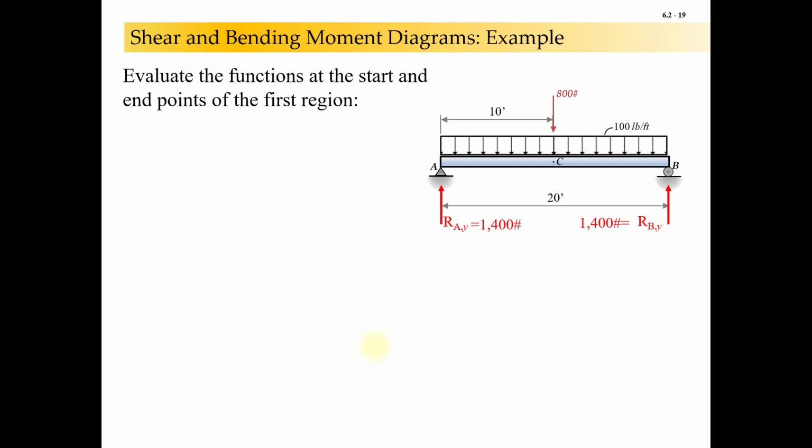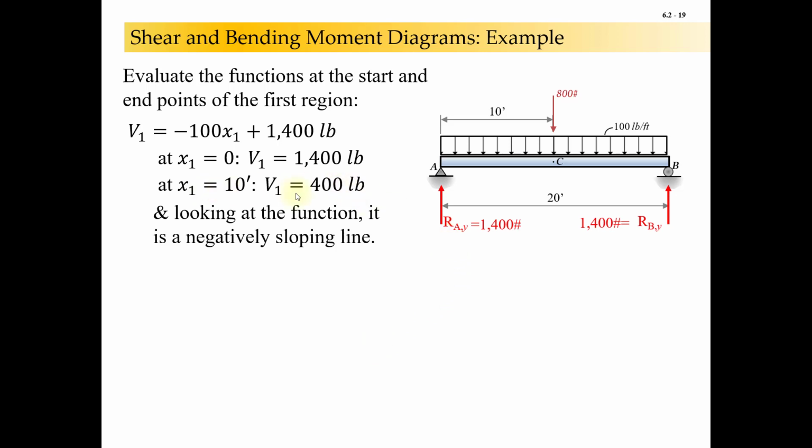So then I'm going to evaluate those functions at their start and end regions, so at 0 feet and at 10 feet. So at 0, the shear is 1,400. And at x1 equal to 10 feet, I have V1 is equal to 400 pounds. Looking at my equation, it's obviously just going to be a negatively sloped line from 1,400 down to 400. And then my moment is this equation that we did.